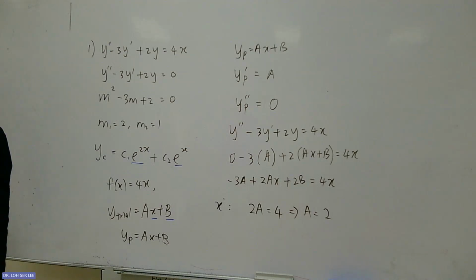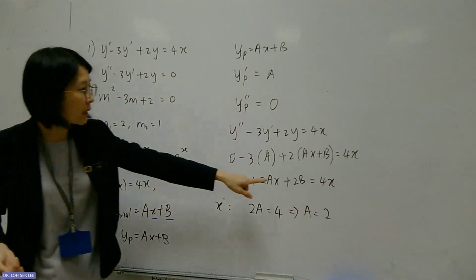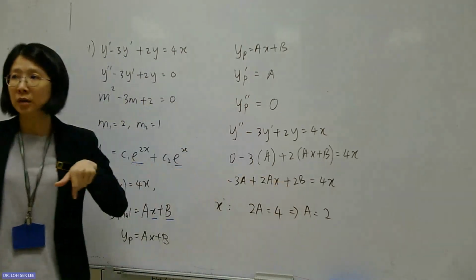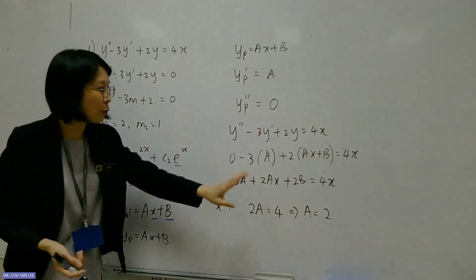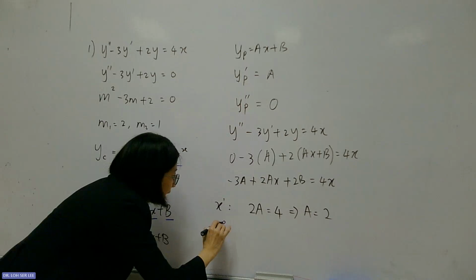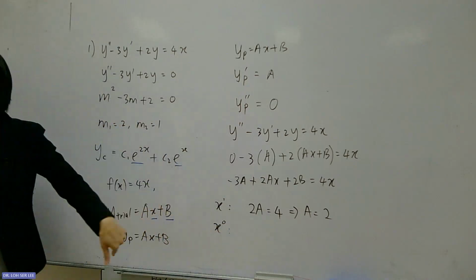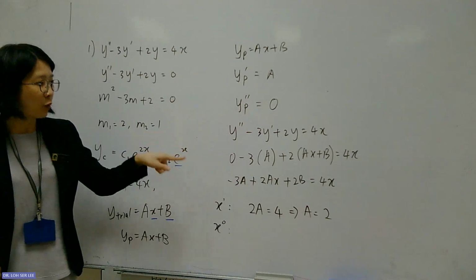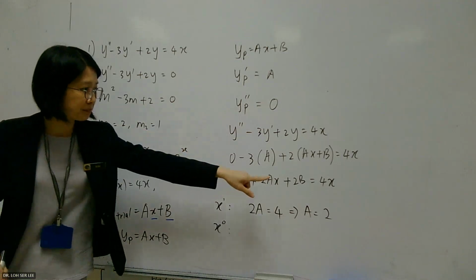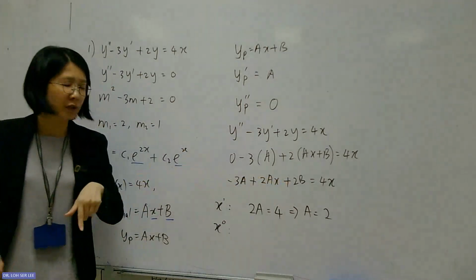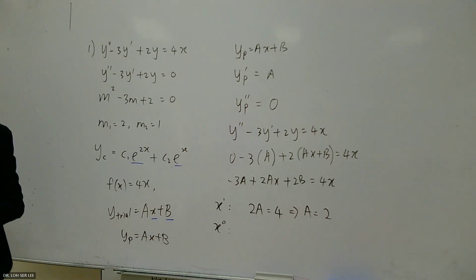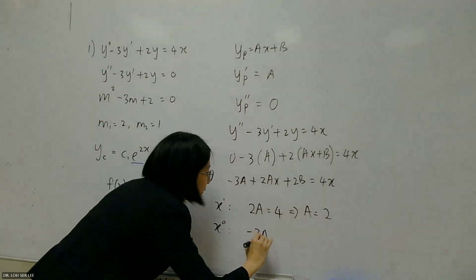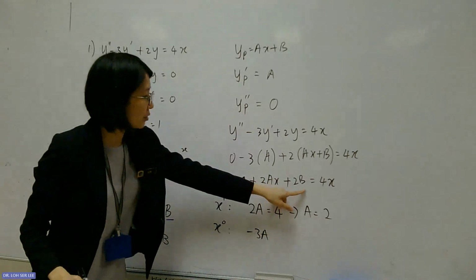The next one we have to find is b. Your b is here, and this is a constant only. So we compare the constant. X power of 0 means that this is a constant. What do you have on the left for constant only? Negative 3a plus 2b.